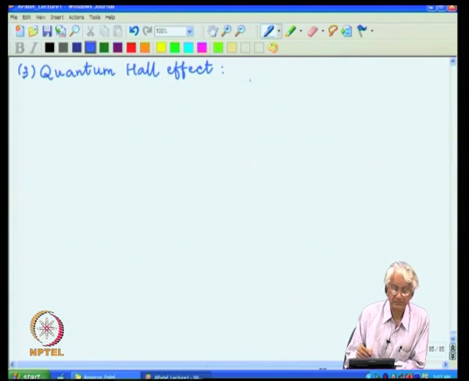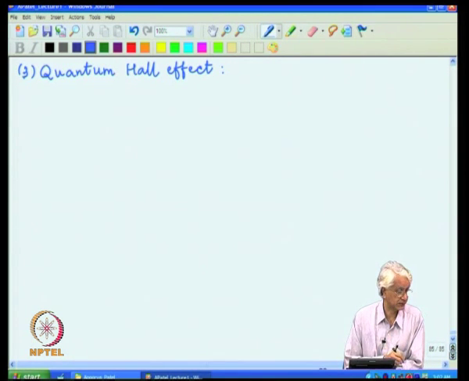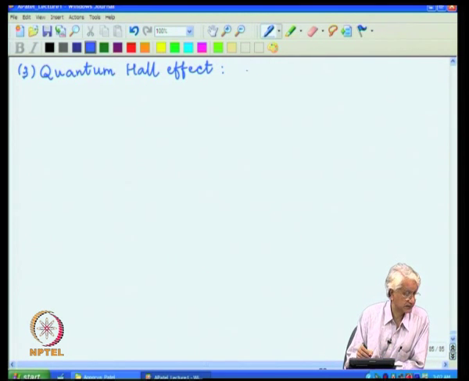So, that spectrum and that calculation now has to be redone. Instead of using the Schrodinger equation, we have to use the Dirac equation, and its Landau level spectrum is now different.